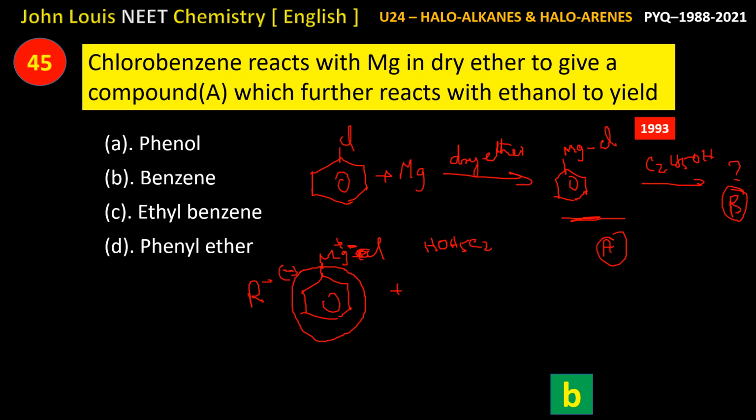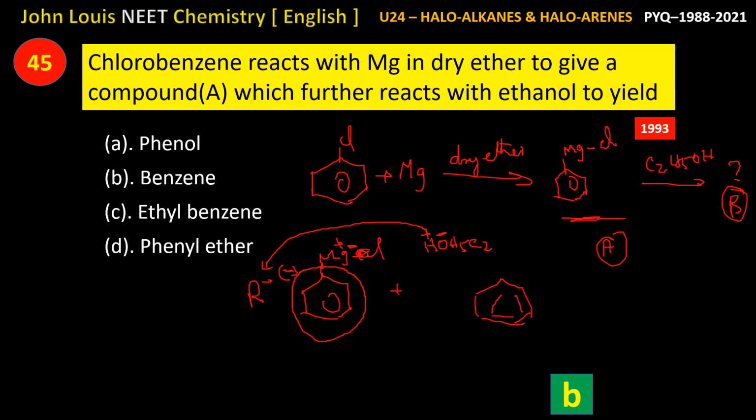Therefore Mg will be partially positive and this carbon will be partially negative. In ethanol C2H5OH, H is plus and C2H5O is minus. Therefore this H plus will be bonded with this R and forms benzene. This R is phenyl here, so now it becomes benzene because that hydrogen is bonded here.